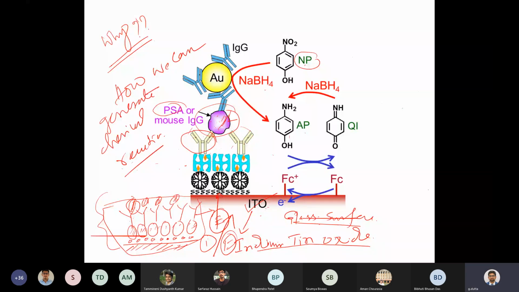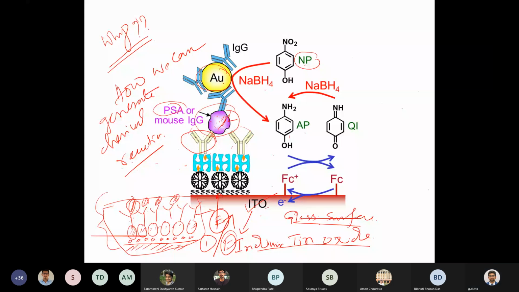For that we need some tag. Here the gold nanoparticle is like the tag. If you have the target, then only the secondary antibody will bind, then only the gold nanoparticle will bind, otherwise it will not bind.